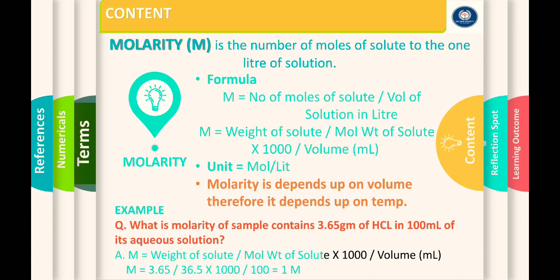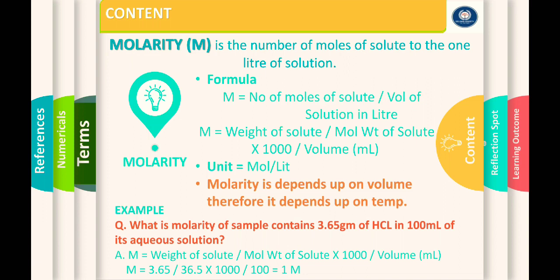To calculate the answer to this question, we need to use a formula: weight of solute divided by the molecular weight of solute, multiplied by 1000 divided by the volume in ml.